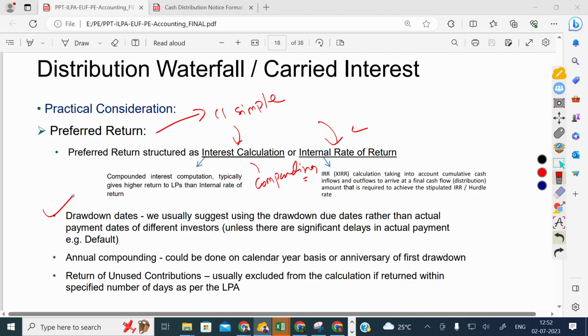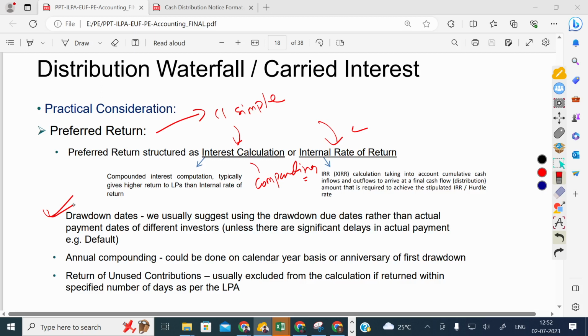Then drawdown dates. We usually suggest using the drawdown due dates rather than actual payment dates of a different investor, unless there are significant delays in actual payment and default date. So drawdown date means every fund sets up the actual dates when they will receive the payment.